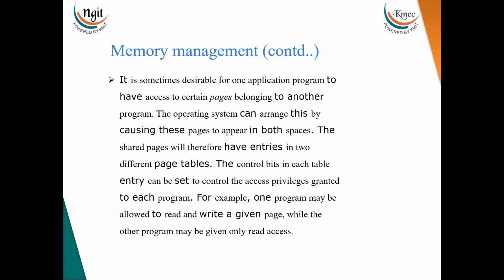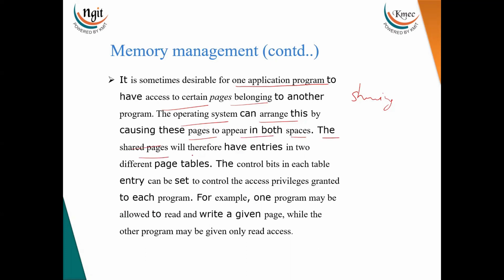Now, coming to the next one, sharing. This is also done by the OS. How the sharing is done, we will see here. If one application program needs to access a few pages of another application program, then the operating system can arrange this by causing these pages to appear in both spaces.